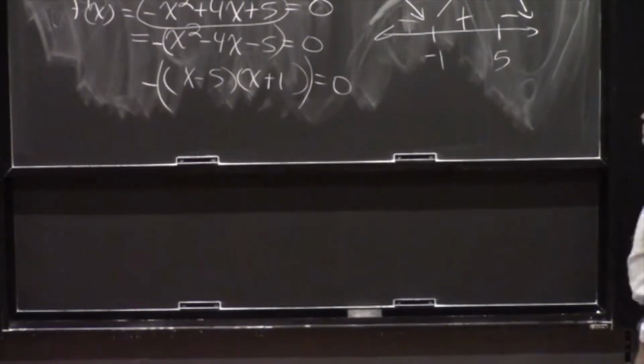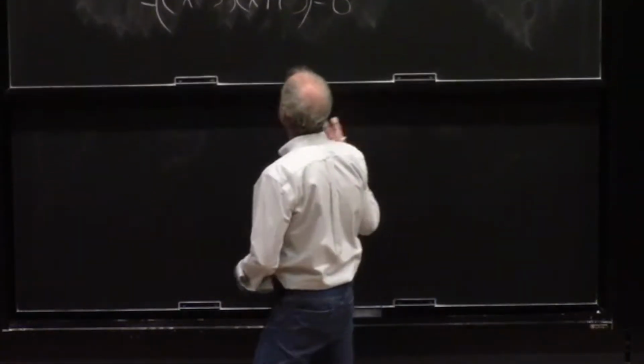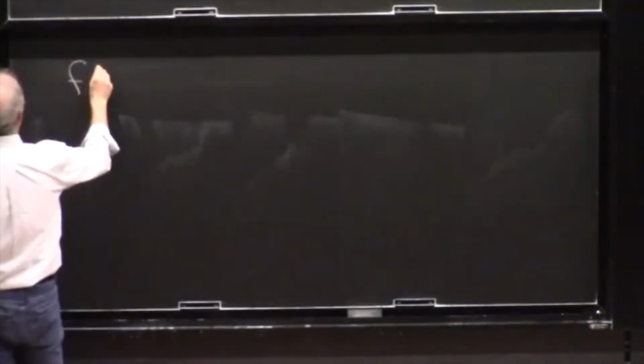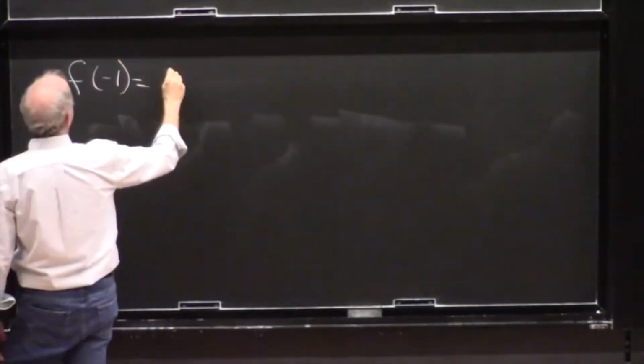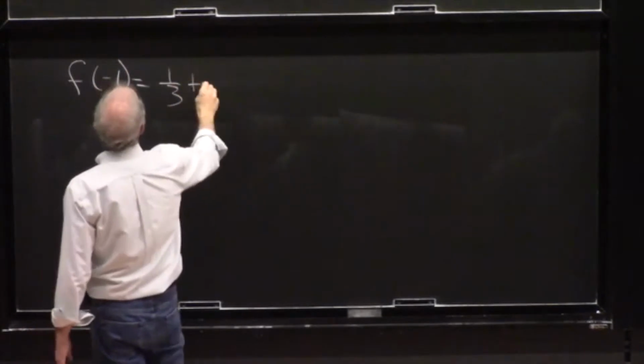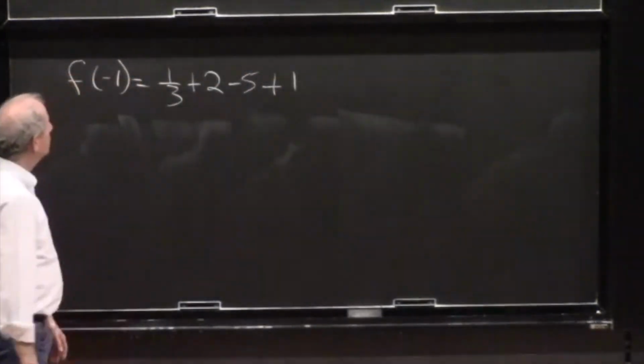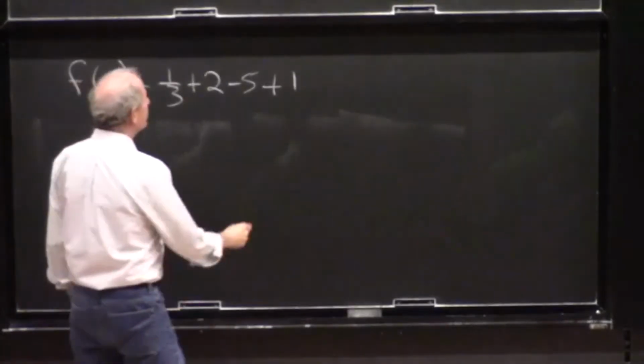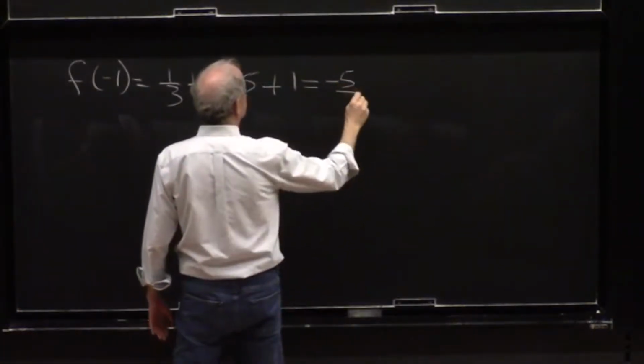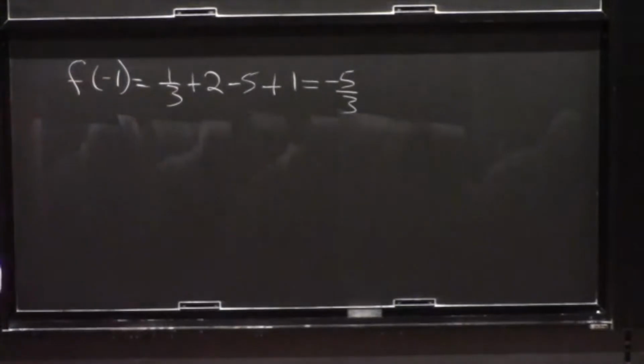Now we need the y coordinates, so let's see. f of -1 is 1/3 plus 2 minus 5 plus 1, which is -5/3. I think that's right. Okay, got that one right? Okay.